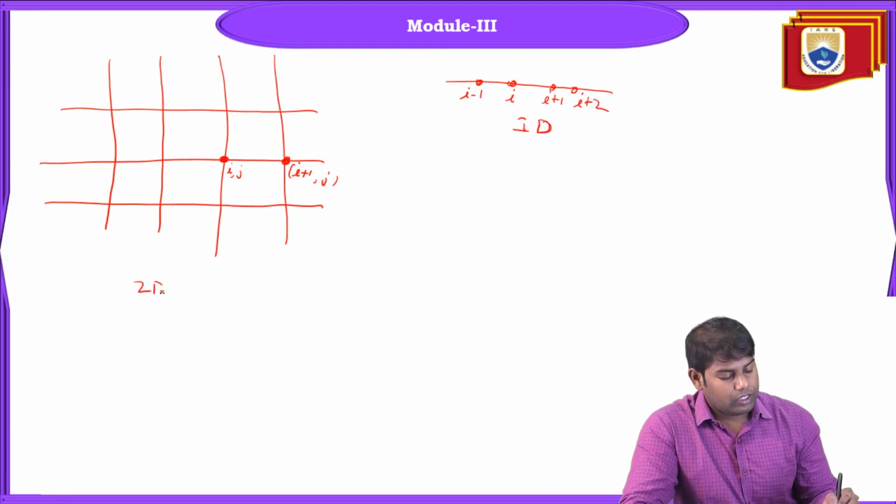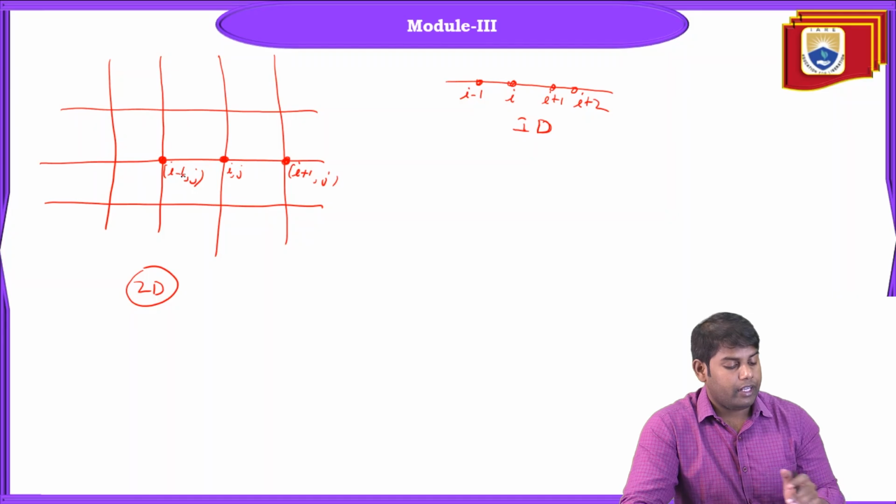Similarly, for 2D, you can see i, j, then i+1, j, and here i−1, j. We are varying only along the x-axis, so the j term is not varying.